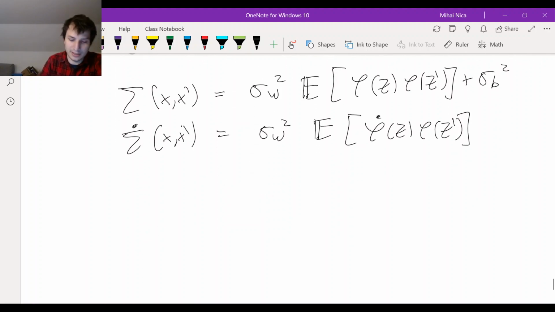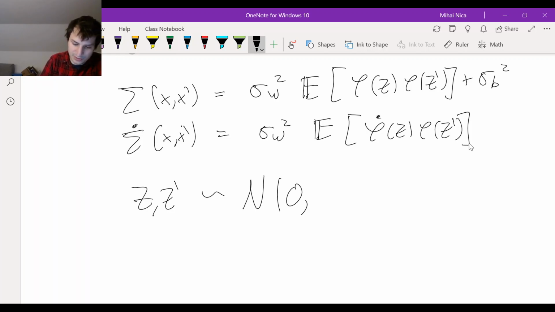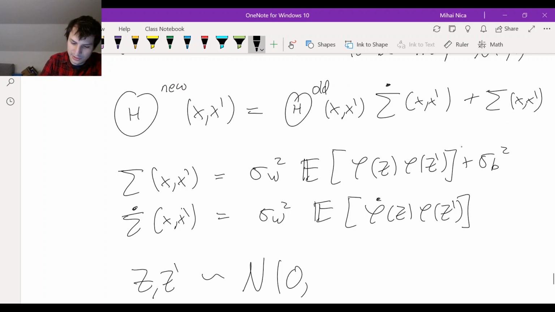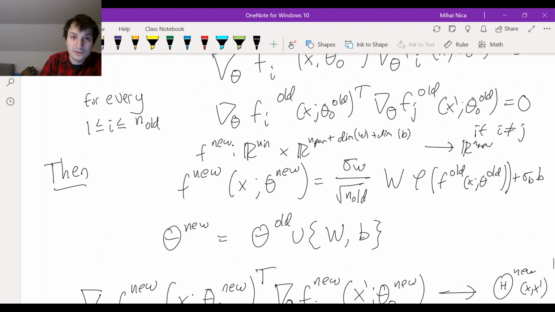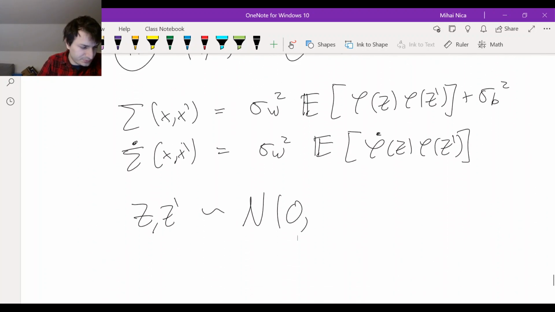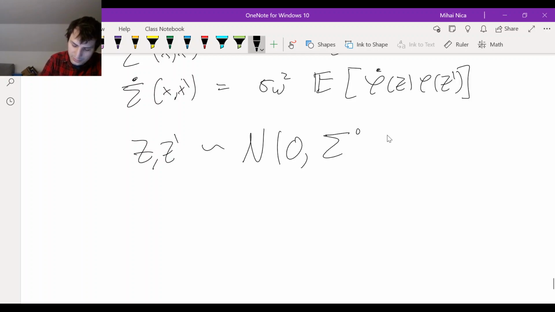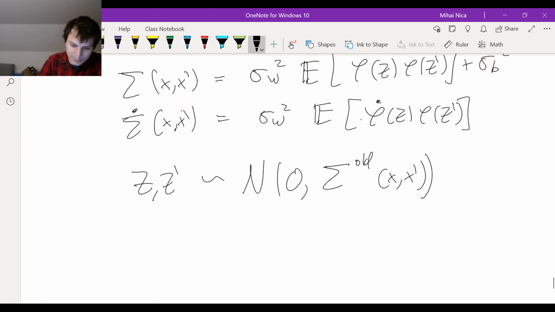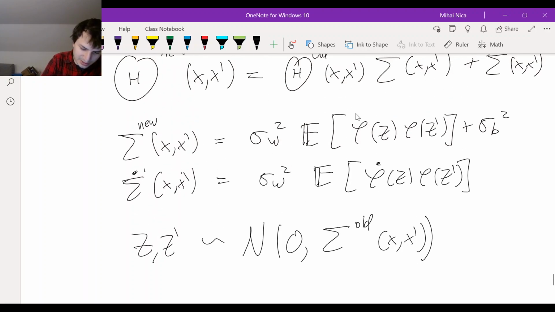And z, z prime are Gaussians with mean 0 and covariance structure given by sigma old. Maybe I should label these sigma new and sigma-dot new. I think that's what they're called in the actual theorem. Let's go see. Yeah, that's what they're called in the actual statement. So if you read the statement, that's what's going to happen.